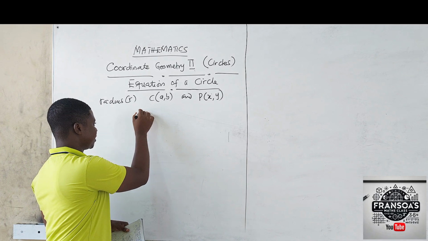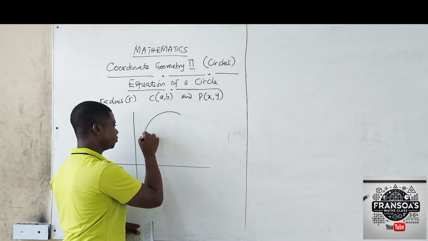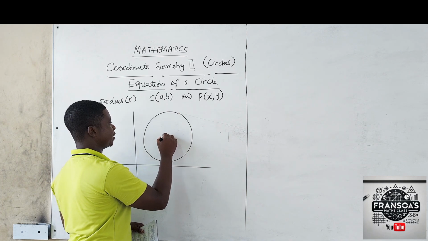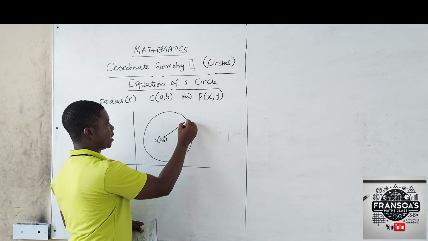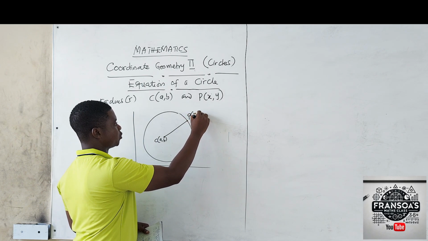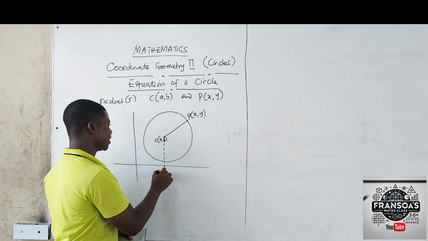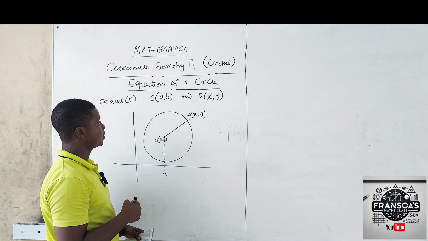So with this, we have our circle with our center C, which is (a, b), and our point on the circumference, that's P, (x, y). Looking at this point, this is our a, because that's for the x-axis.